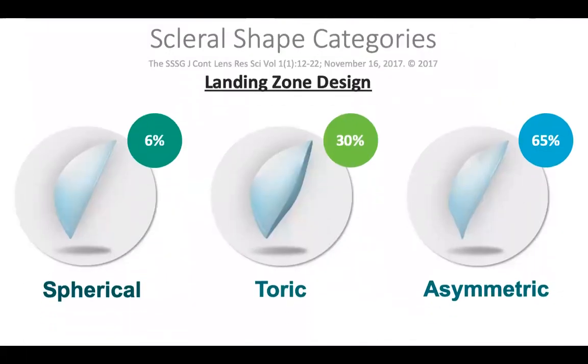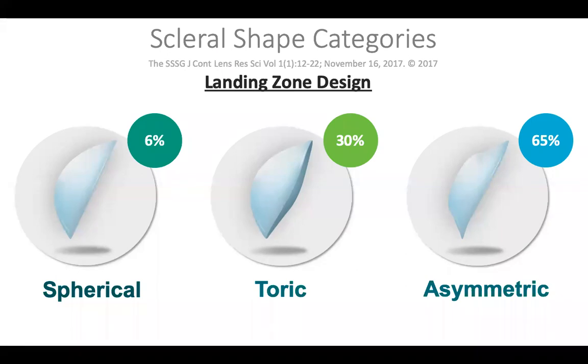When we talk about lens design, we first really need to consider scleral shape. And we know from the Scleral Shape study group that most of the patient's eyes that we're fitting aren't spherical in shape.